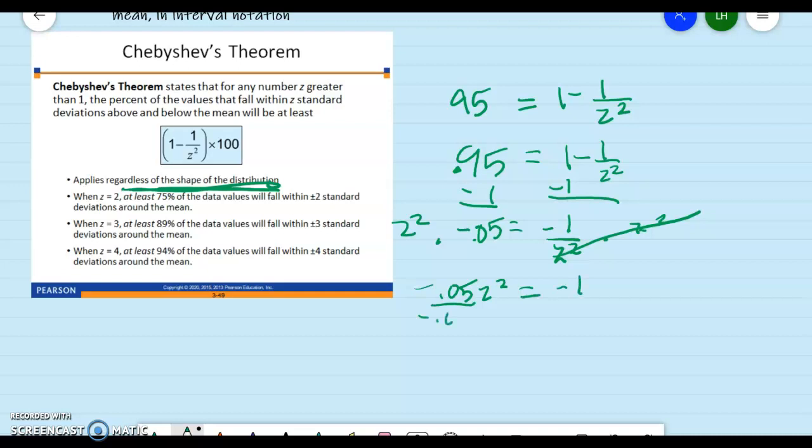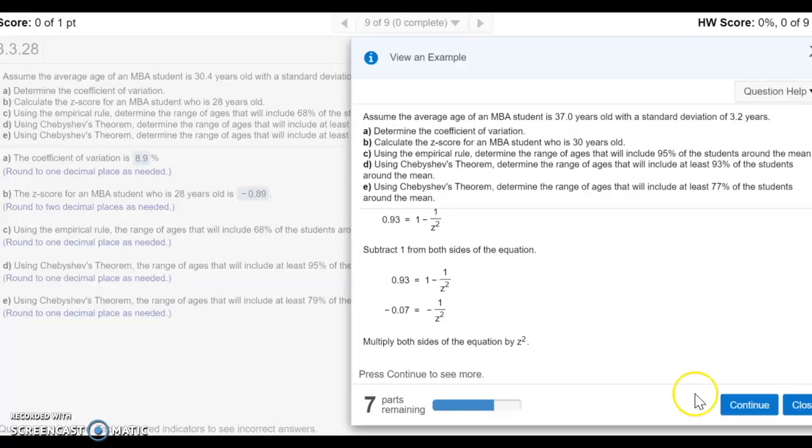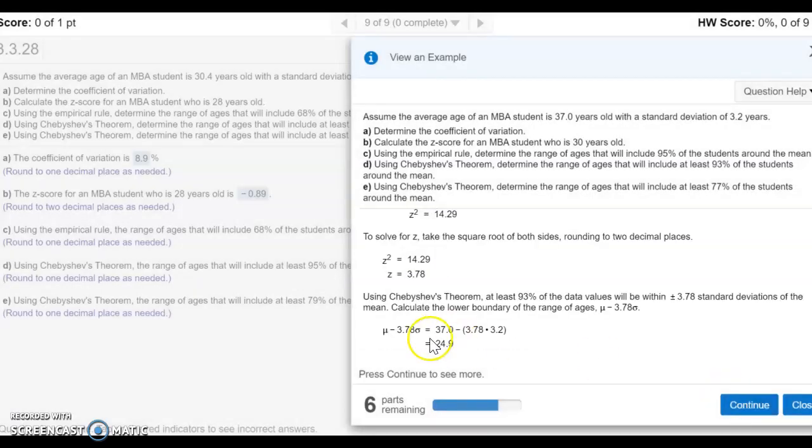Now divide by -0.05, and z squared would equal 20. So we're going to take the square root of that. So z is going to equal 4.47, and I believe we are going to round to 2 decimal places.